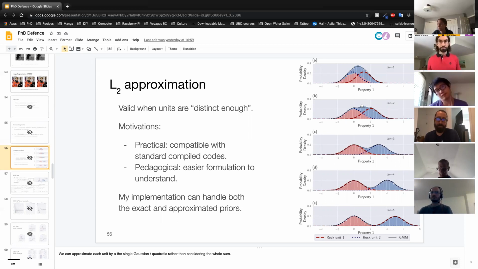I actually have implemented both within my code. I can handle either the full priors or the approximation. The main reason why I did the approximations, there are two.